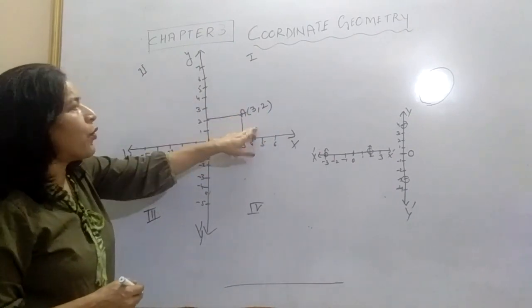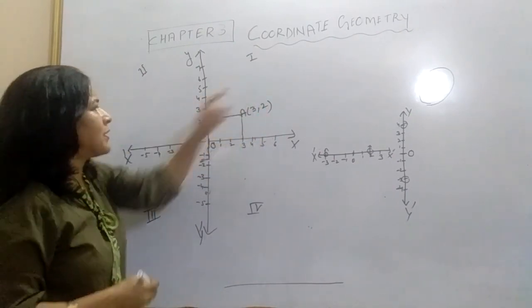So in the first quadrant both x and y coordinates are positive.